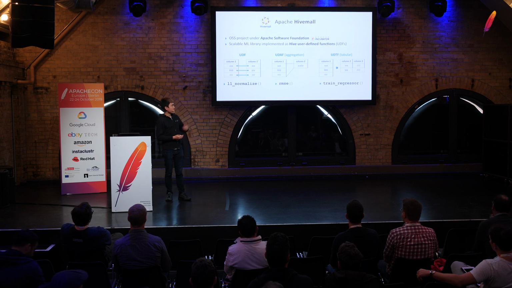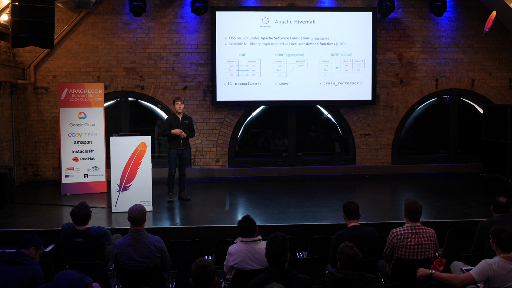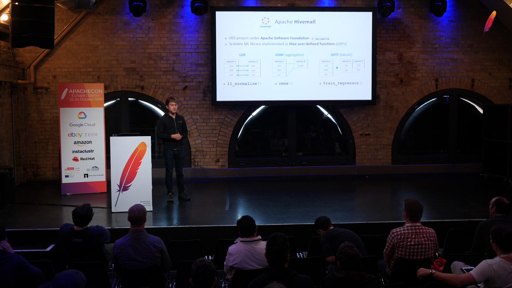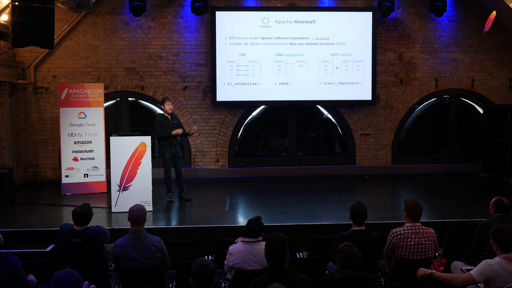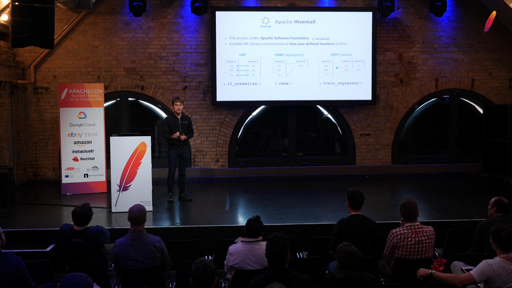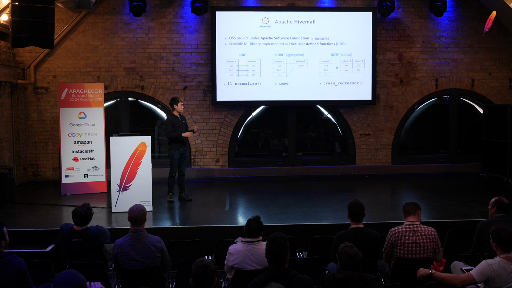The third is called UDTF, user-defined tabular function, which gives you a brand new table as a result of a specific operation. In the context of machine learning, training corresponds to that. You can feed your original records to the function, and eventually obtain a brand new table as a machine learning model.